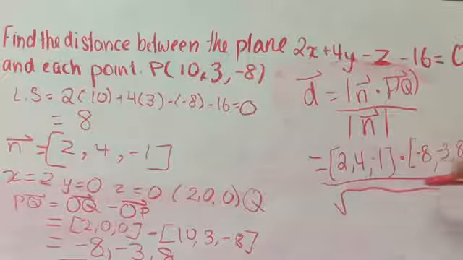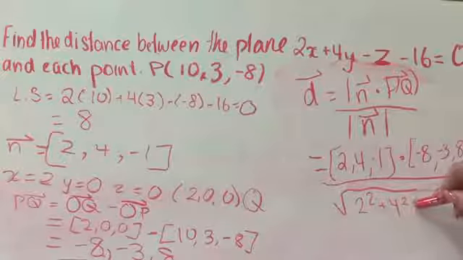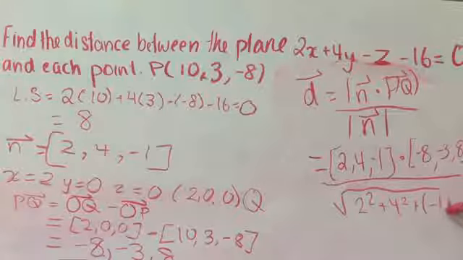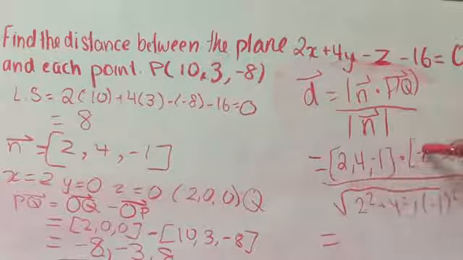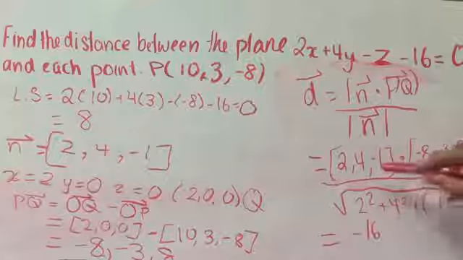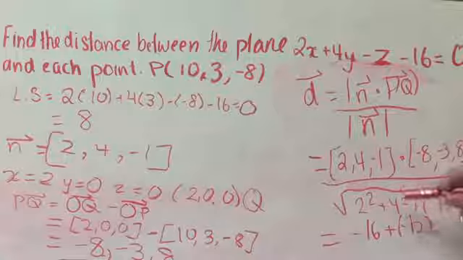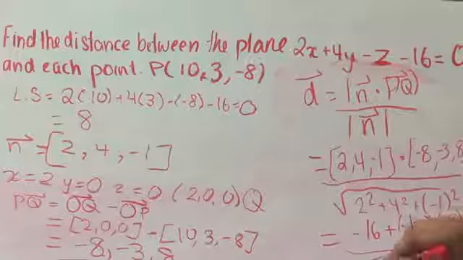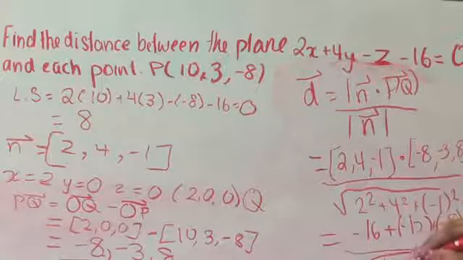So that is 2 squared plus 4 squared plus -1 squared. So now that's going to give us, so 2 times -8 is -16, plus 4 times -3 is -12, plus -1 times 8 is -8, over 2 to the power of 2 is 4, 4 plus 16.